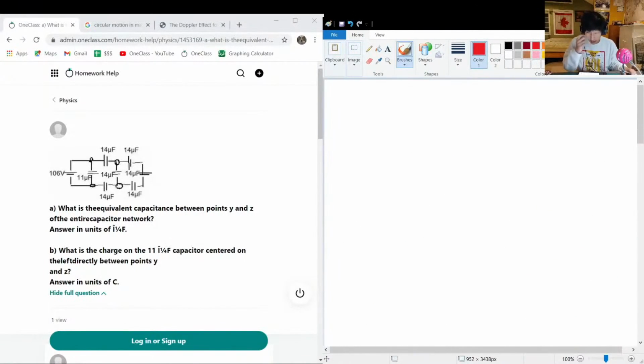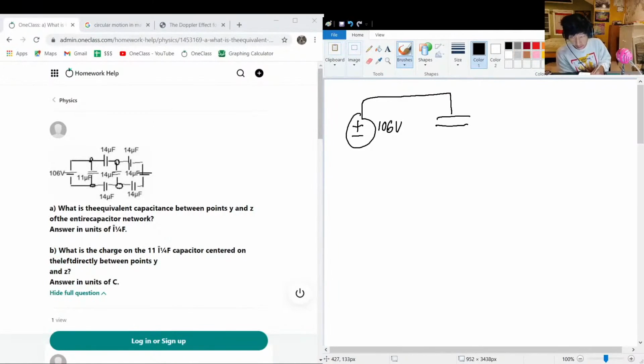Okay, now the second part of our question is asking us what is the charge on the 11 microfarad capacitor centered between YZ. So what it's pretty much asking us is we have our voltage source here, 106 volts.